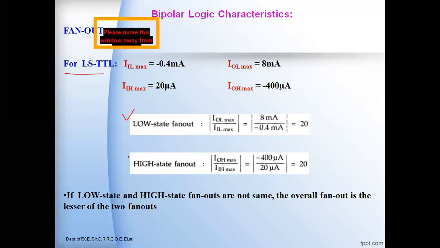And the high state fan out is the maximum number of gate inputs that can be driven by a single gate output when the output is in the high state. First we will see the low state fan out. The low state fan out is the ratio of IOL maximum to IIL maximum. If you take the ratio, it gives a value of 20.